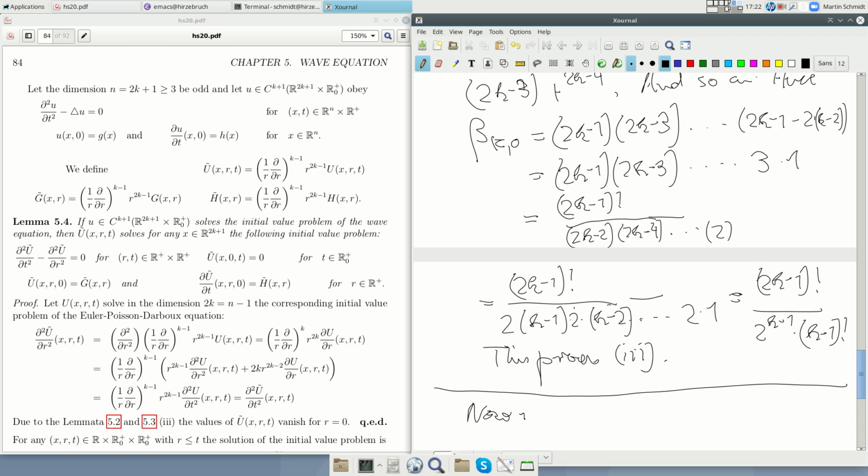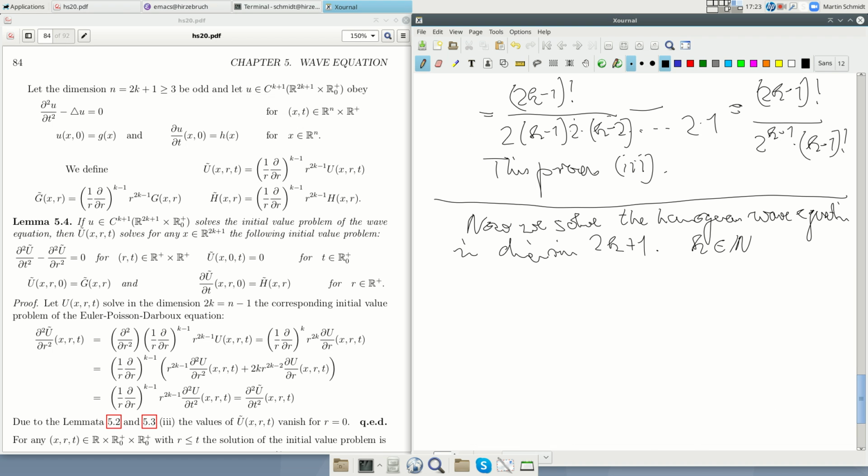Now we solve the homogeneous wave equation in odd dimension, so in dimension 2k plus 1, where k is a natural number, so all dimensions including 3.